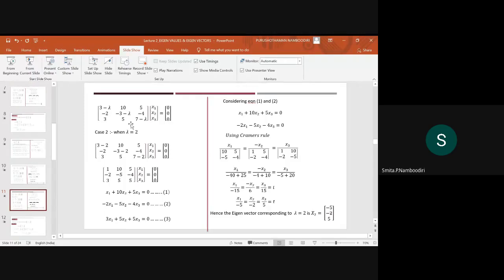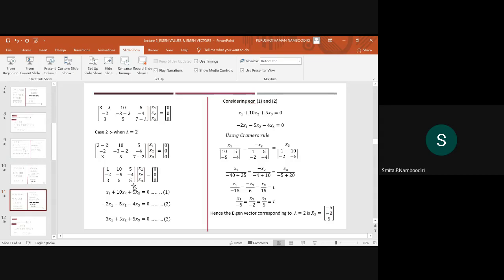Put 2 in place of lambda. When lambda is equal to 2, we will get the matrix as 1, 10, 5, minus 2, minus 5, minus 4, 3, 5, and 5.